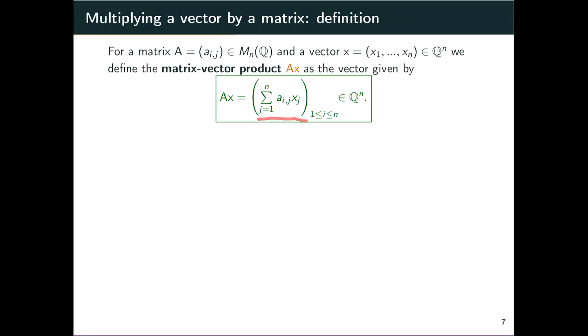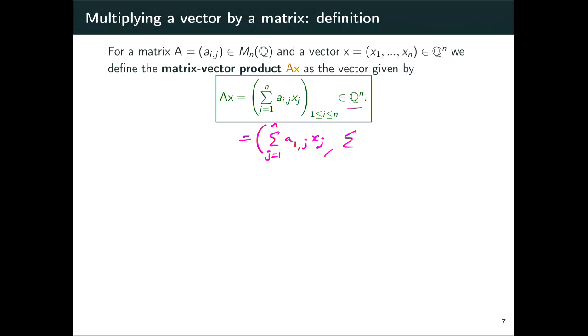this matrix here. Actually, this is defining a vector because we're writing it inside Qn. So maybe I'll expand this out a little bit. In the first position of the vector, we're going to have A1j times xj, summed over j equals 1 to n. So this is like multiplying the row with the column vector, each component moving along. We'll see some examples after.